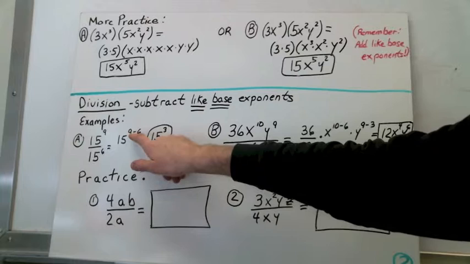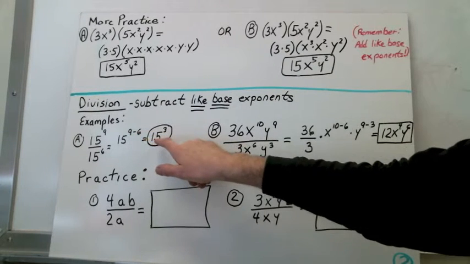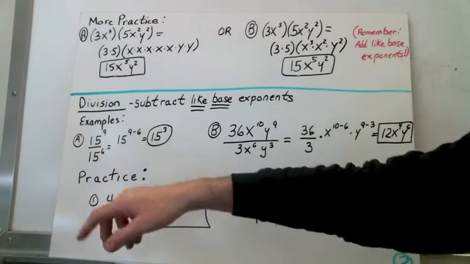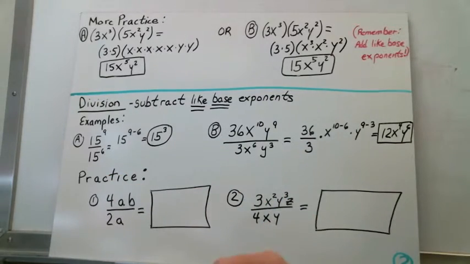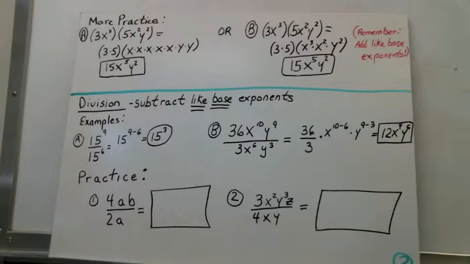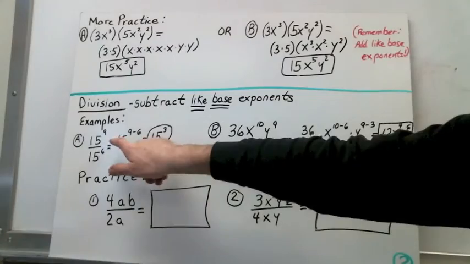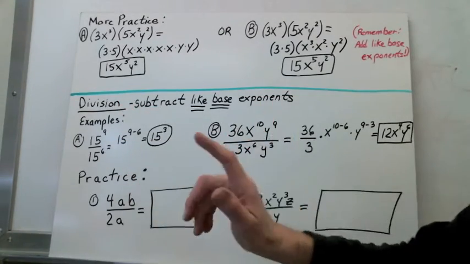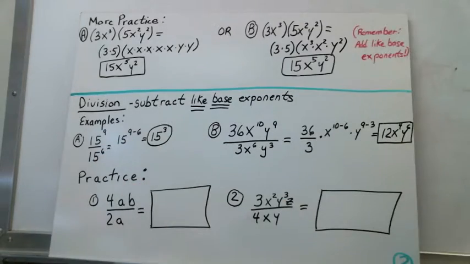So we take the 9, subtract 6, we get 15 to the third. That's a lot better than putting 15 in your calculator, raising it to the ninth power, getting a huge answer, dividing that by 15 to the sixth power, which is another huge number, and solving it. Remember, subtraction is used when we're dividing, but only when we have like bases.